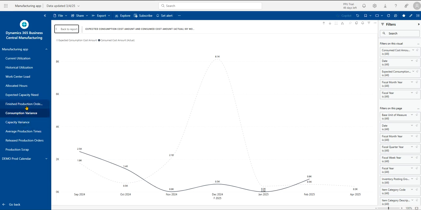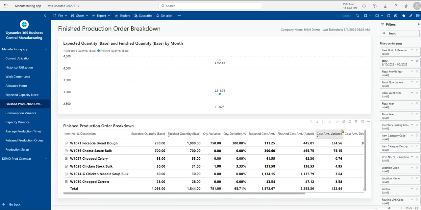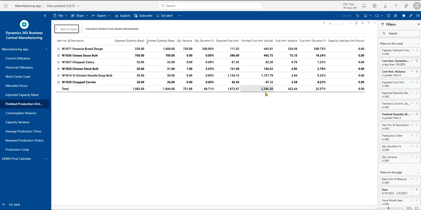We can actually drill into the data by looking at our finished production orders. As I drill into here, what you see is the quantity of what I was supposed to output, what I actually did, the quantity variance, and the cost variance.